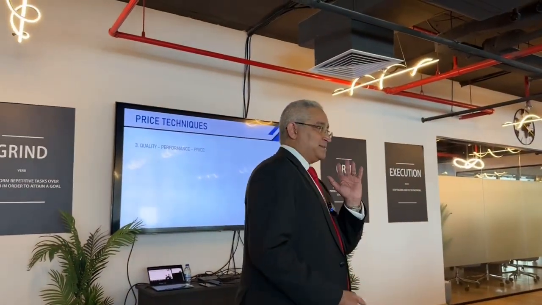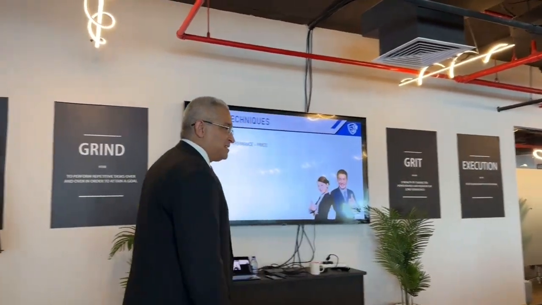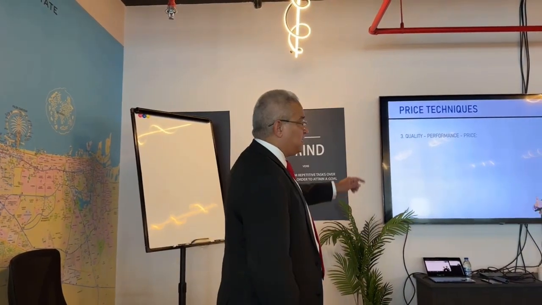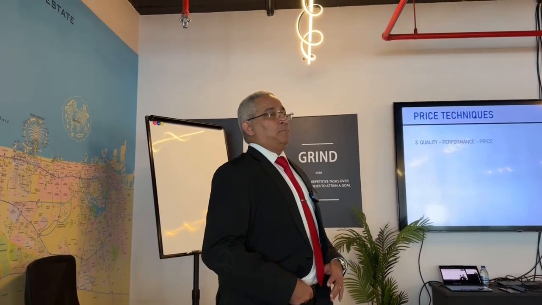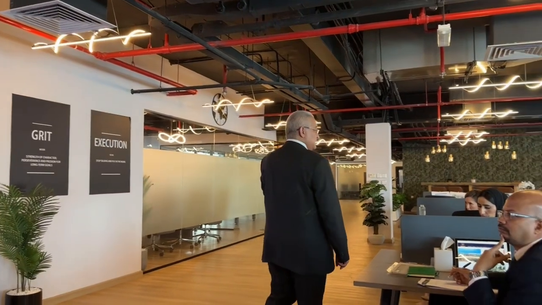So it's the typical, it's known as a quality, performance, and price technique. Now, just by looking at this, without even seeing the technique, if I'm an investor, of these three, which is the one I will probably sacrifice on? We can debate this. Will you sacrifice on quality?